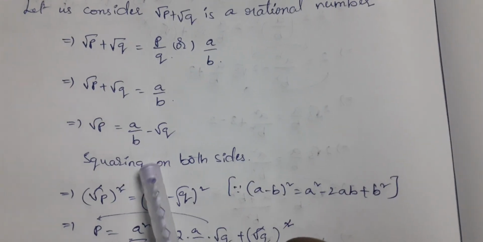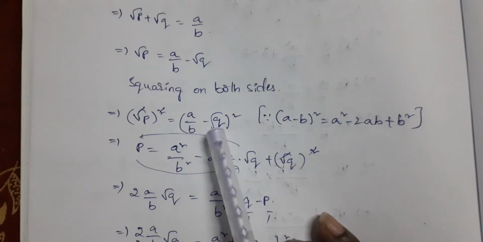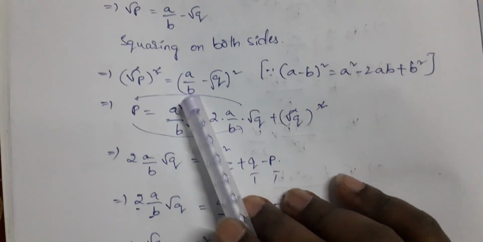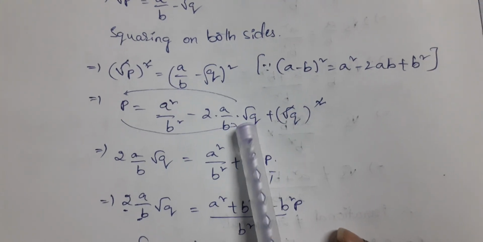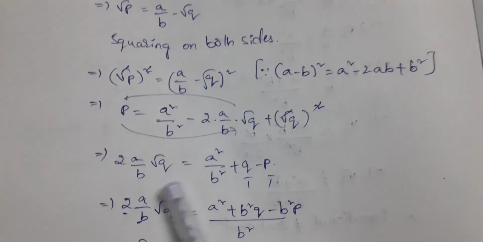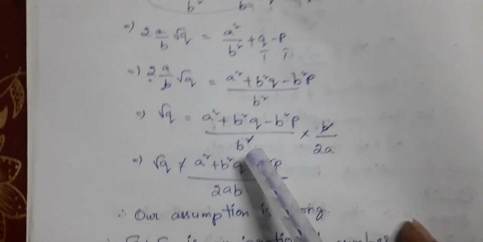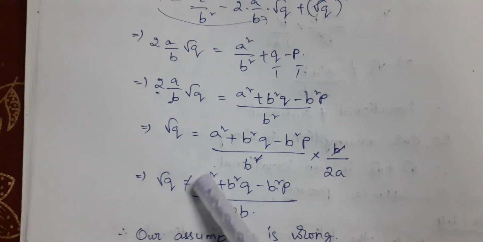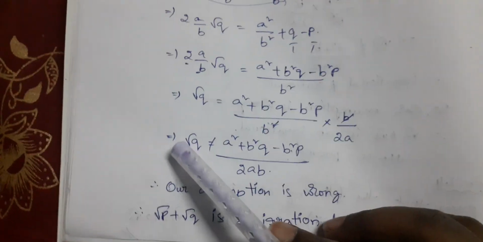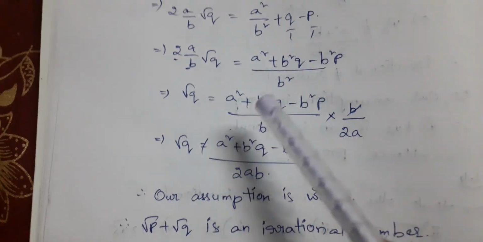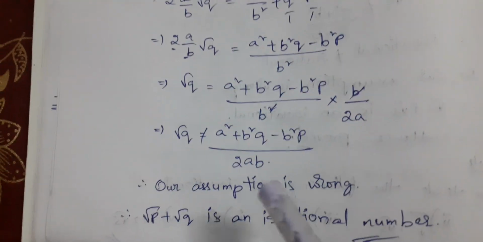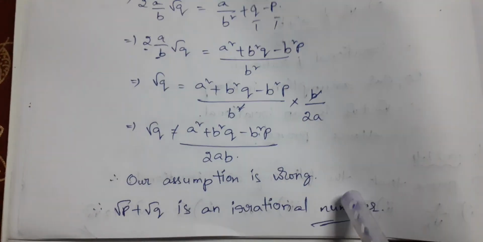So transposing root q to the other side, squaring on both sides, again expanding using the a minus b whole square formula, transposing the root value to the other side, taking LCM, and finally we will get a not-equal result, because a p by q value is there and one irrational value is there. Finally our assumption is wrong, and root p plus root q is an irrational number.